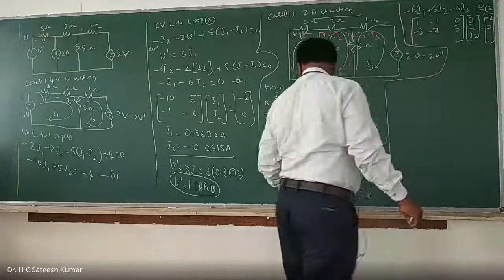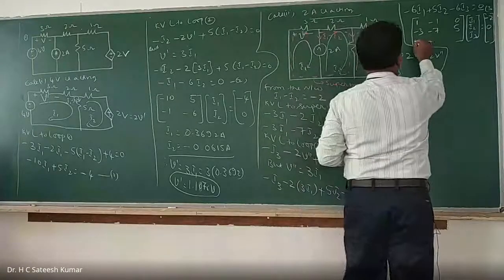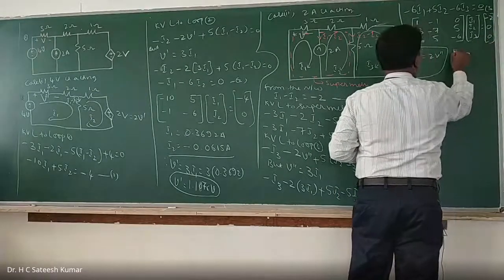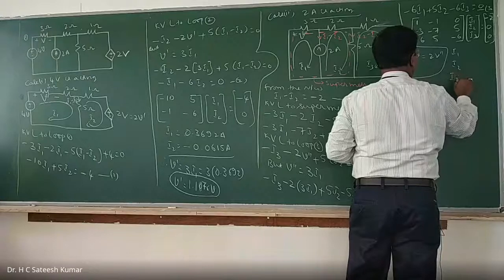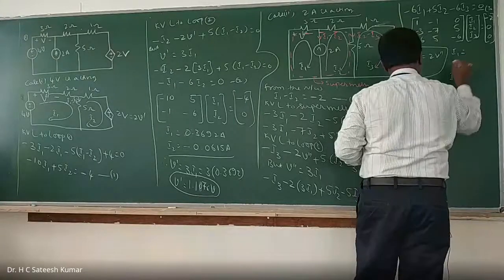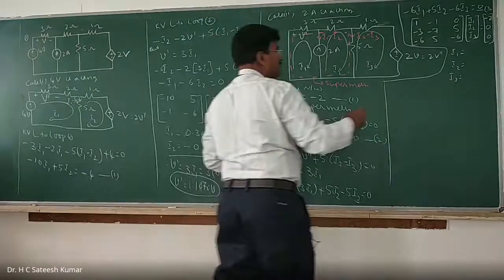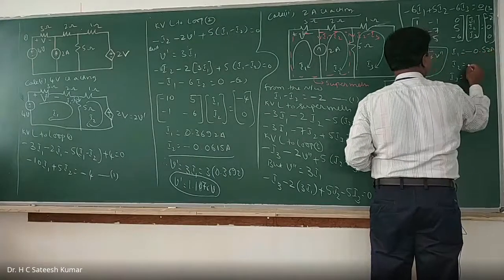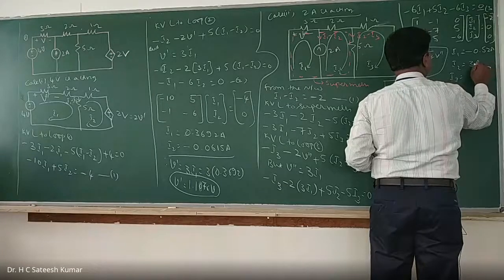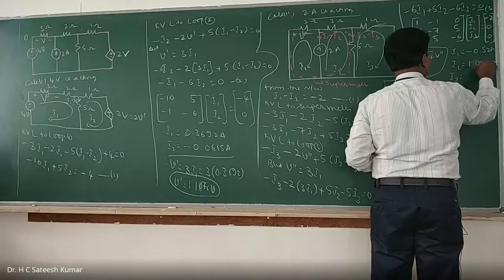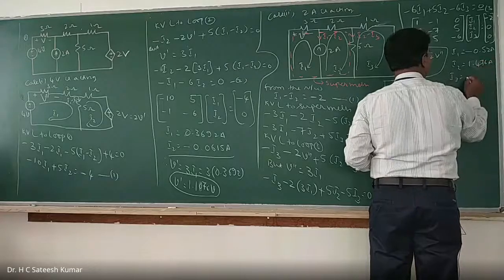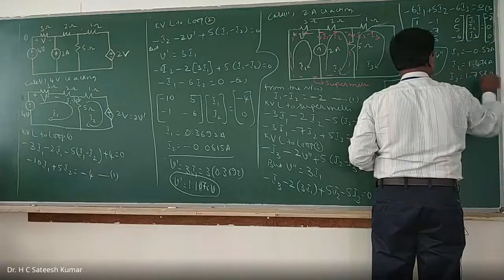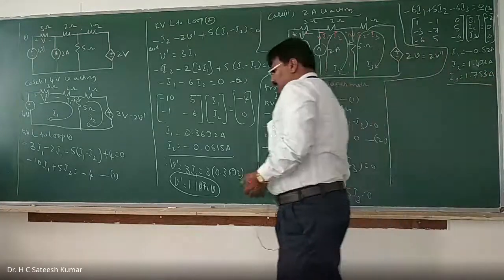Third equation: minus 6, 5, minus 6, equals 0. Solving for I1, I2, I3: I1 is minus 0.52 amps, I2 is 1.476 amps, I3 is 1.753 amps. These are the I1, I2 and I3 values.